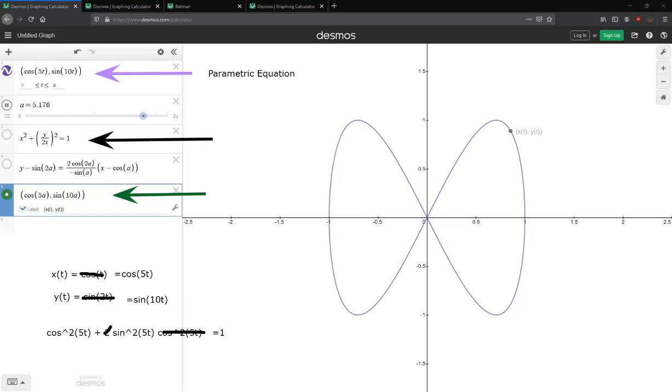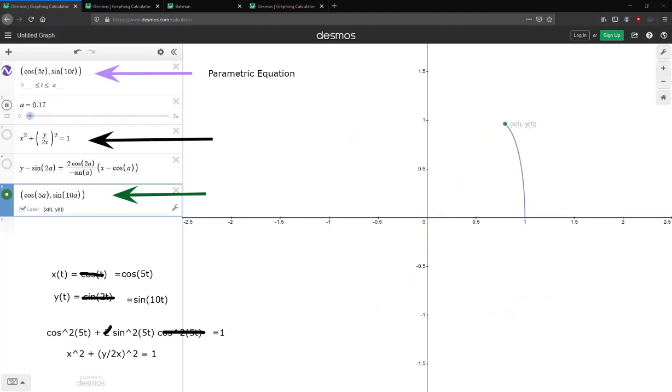So this formula is still saying x squared plus y divided by 2x, all squared, equals 1. The very same equation still applies, even though I'm using a different parameterization. So here I just made my parameterization trace out the function faster, and it overlaps itself the further it goes.